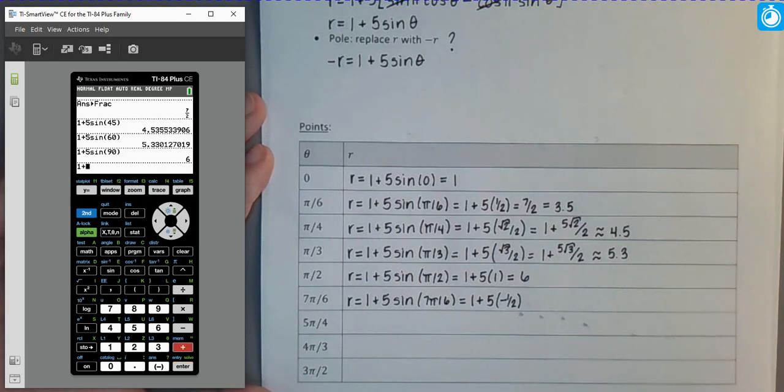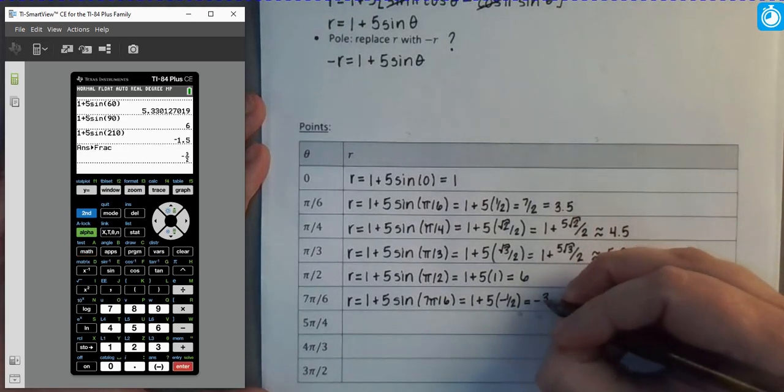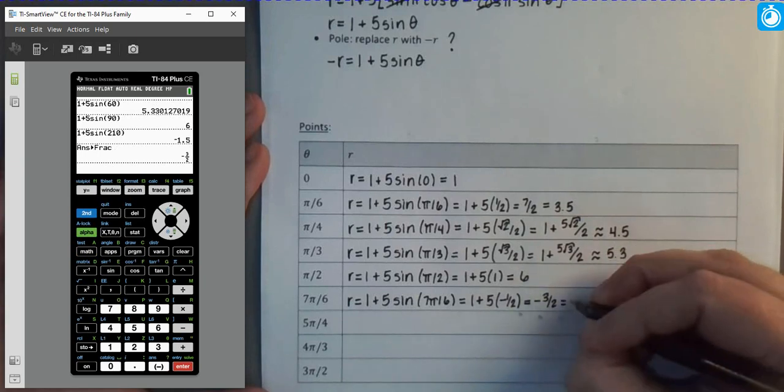So 1 plus 5 times the sine of 7 pi over 6, which would be the same thing as 210 degrees. That's going to give us negative 1.5, or if we convert that back to a fraction, we get negative 3/2. So it's exactly negative 3/2, or as a decimal, negative 1.5.